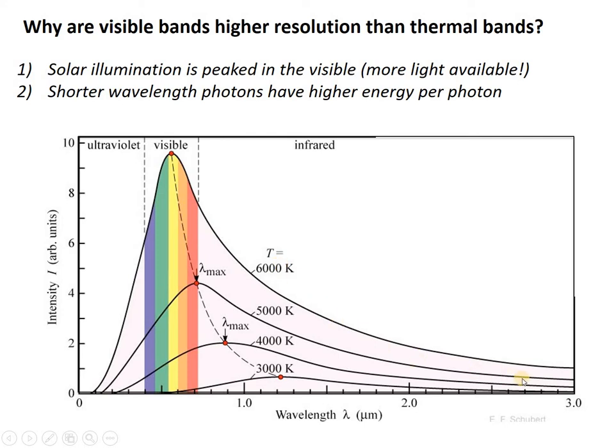Once you're out into the far infrared or the thermal infrared, there's just not many photons coming, far fewer, and they have lower energy. So the take-home point is it is much more difficult to image things at long wavelengths because there are fewer photons and they have less energy. And that means bigger pixel size.